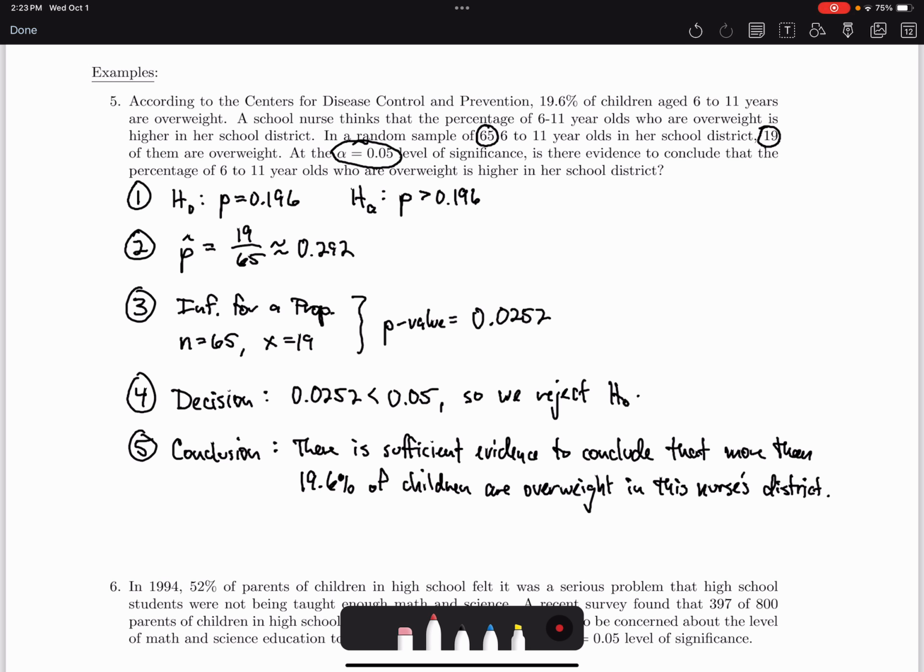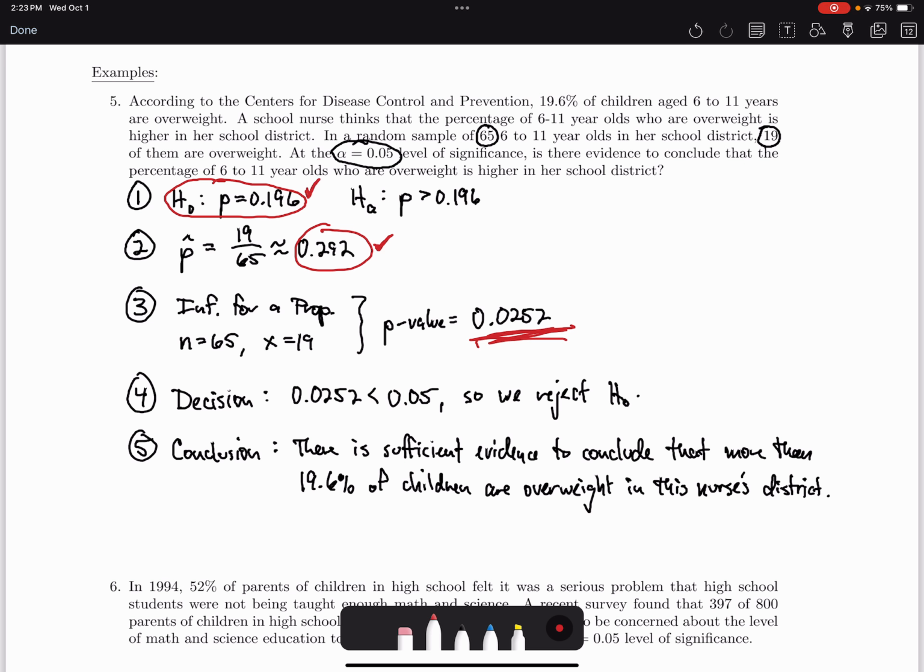One thing that I want to kind of hone in on is this p-value. It's very important to me that you understand that that number is not just magic, right? This is the probability that we would obtain this result if the null hypothesis were true. Okay, so there's just over a 2.5% chance that we would observe something as extreme as this if only 19.6% of children were overweight.